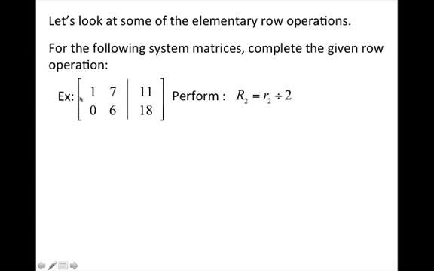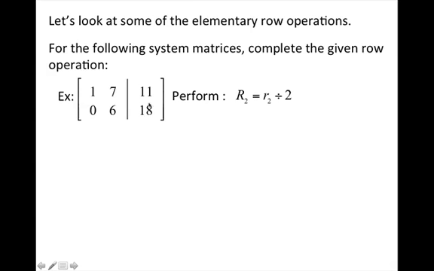So I have this matrix where row 1 is 1, 7, 11, row 2 is 0, 6, 18. And I want to perform this operation. Well, the capital R's tell me where I'm going to put my answer. So my new row 2 is going to be found by taking the existing row 2 and dividing by 2.